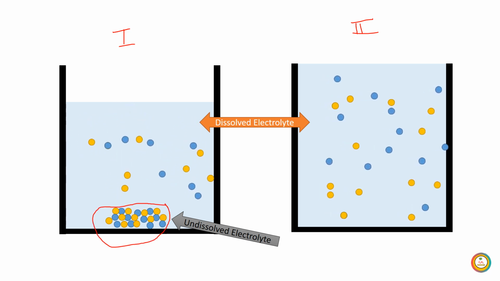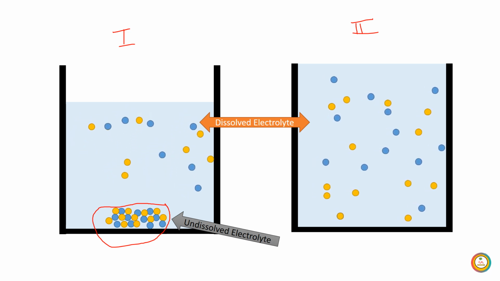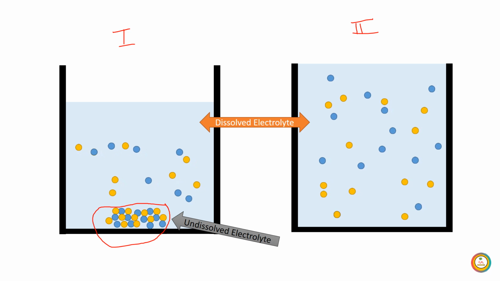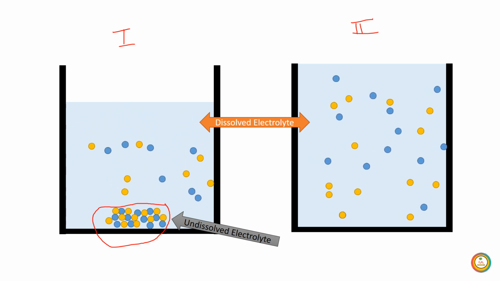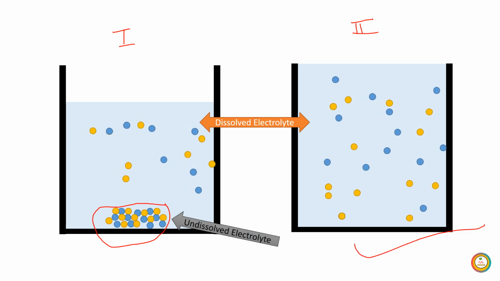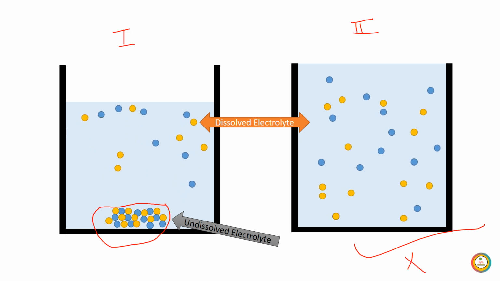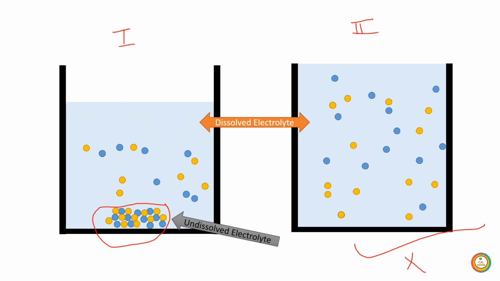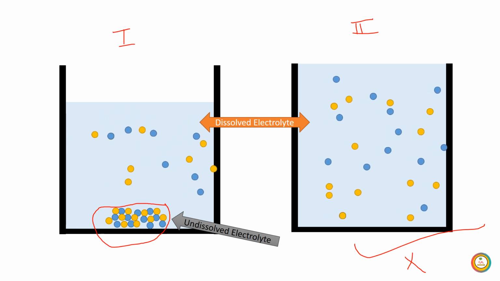When we add more water, what happens? More electrolyte is dissolved. After the addition of water, in this one the whole electrolyte is dissolved. There is no undissolved electrolyte present in the second case. If you add more water, what happens? The number of ions doesn't increase. Why not?